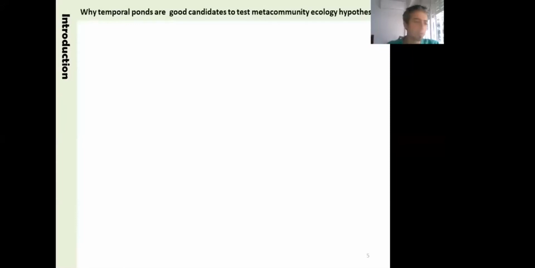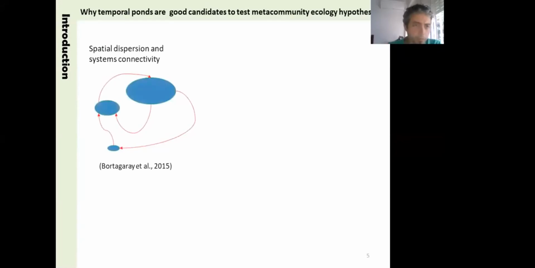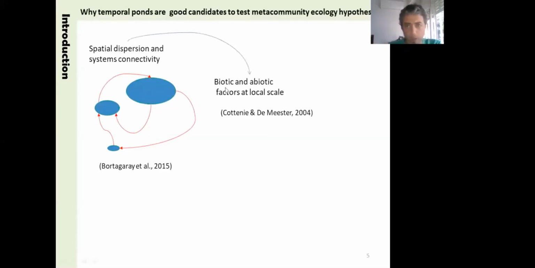So why are temporary ponds good candidates to test metacommunity ecology hypotheses? Typically, metacommunity studies focus on spatial dispersion and system connectivity, and how these interact with biotic and abiotic factors at a local scale.